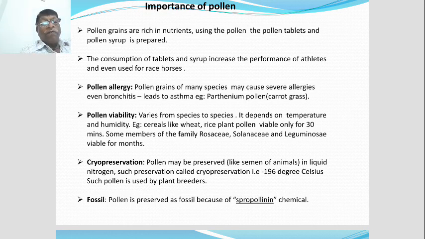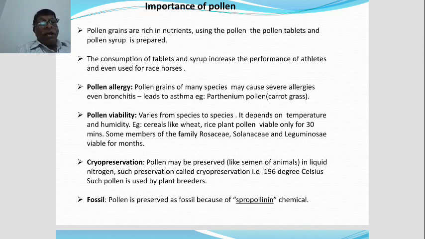Such type of preservation is called cryopreservation. The pollen is preserved just like the semen of animals.